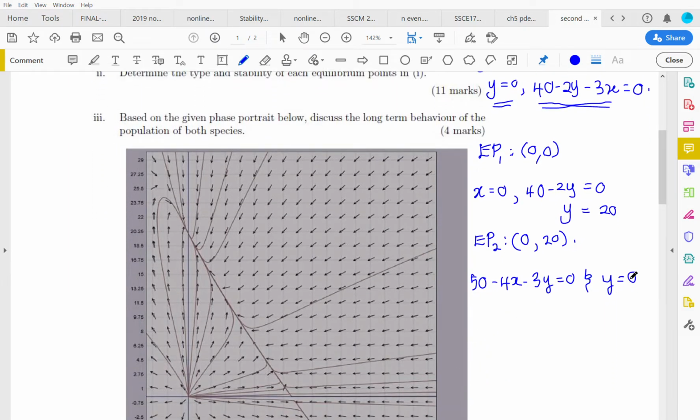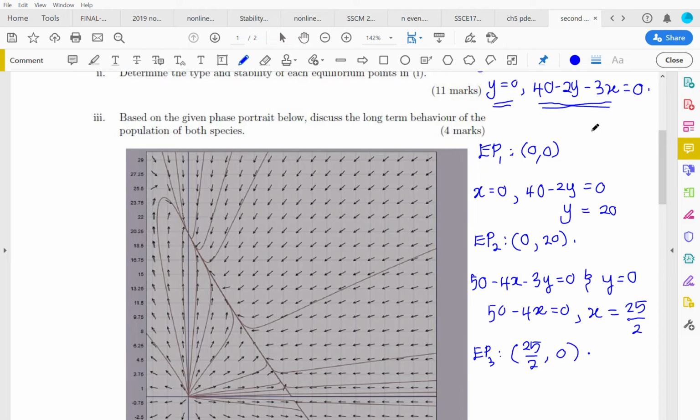So y equal to 0, substitute in here, we have 50 minus 4x equals 0. This gives x equal to 50 over 4, so 25 over 2. So the third equilibrium point is 25 over 2, y is 0.